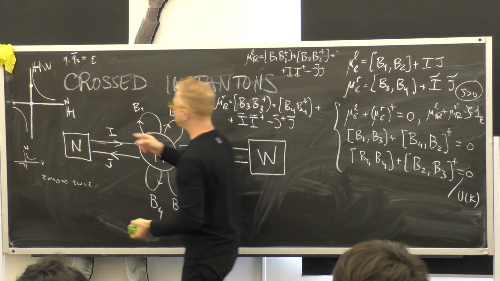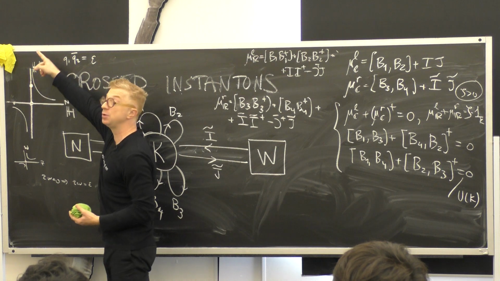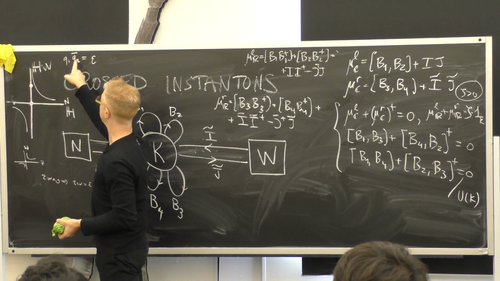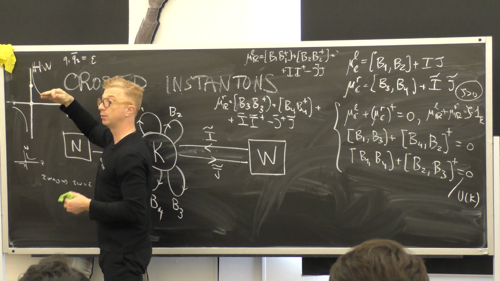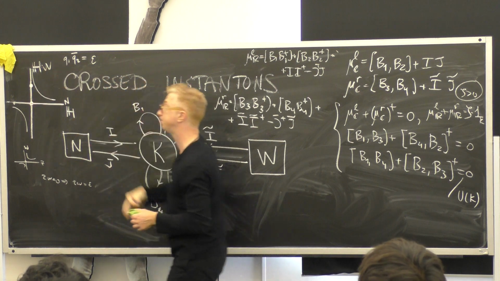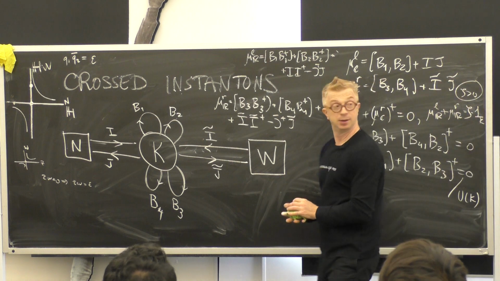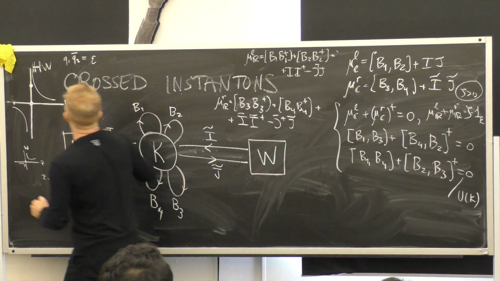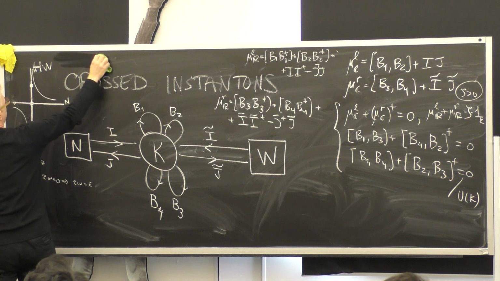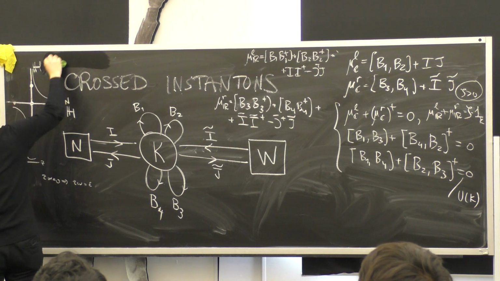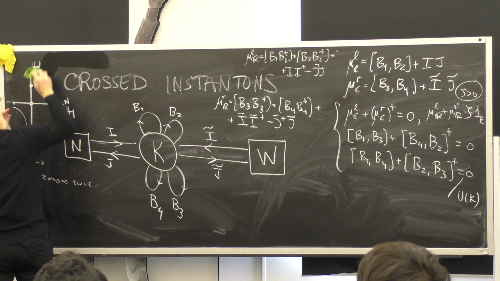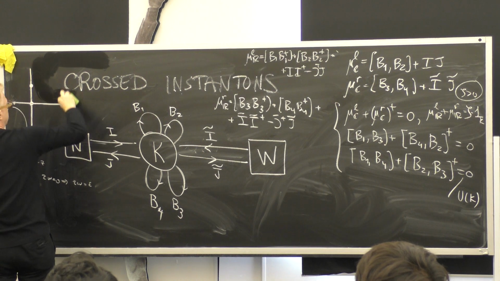If N was equal to W, then maybe you could have imagined some kind of smoothing of that type, which would produce a solution on the deformed space. But I'm not aware of such a construction at the moment.